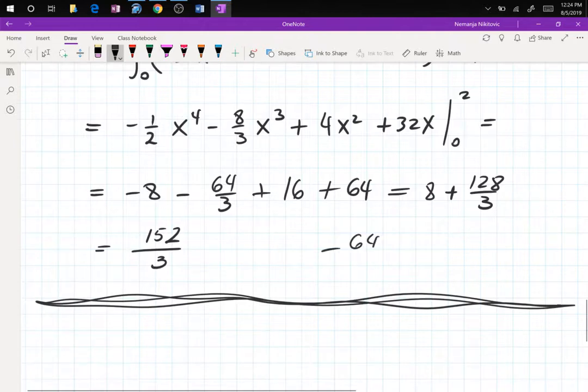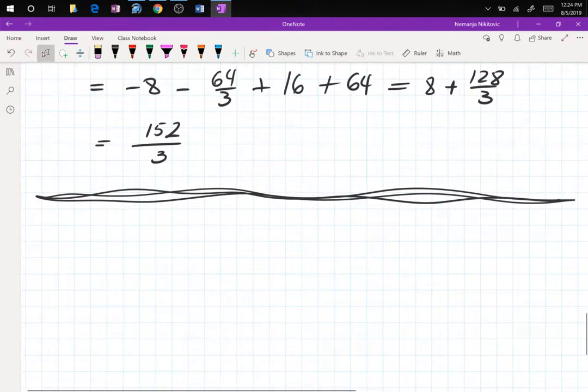This is negative 64 plus 3 times 64 over 3. So that's 2 times 64, 128. Yep, all right. And then 128 plus 24, 152. Good catch. Nice.